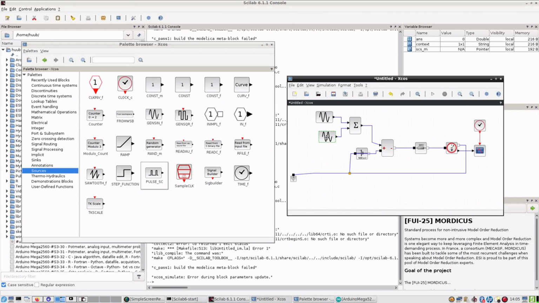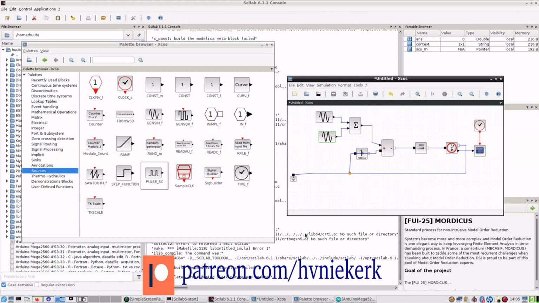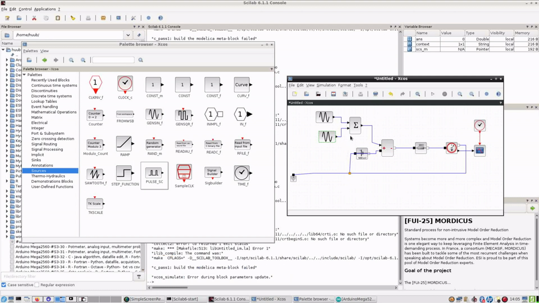Well, the frequency is much higher, obviously, so there should be something visible. However, I get an error during the parameters update. Changed it into the existing one that I copied from the old video, which gave the same. So now I'm at a loss at the moment why it gives this block parameters update.